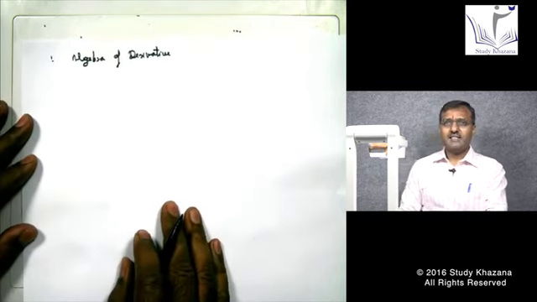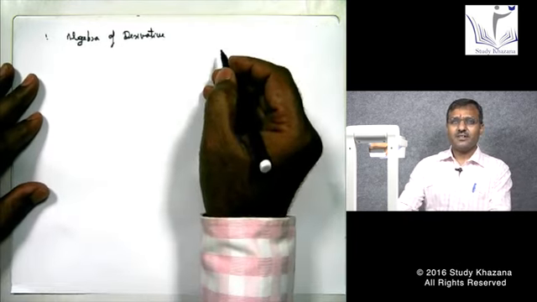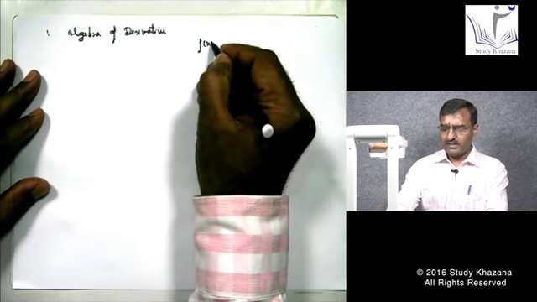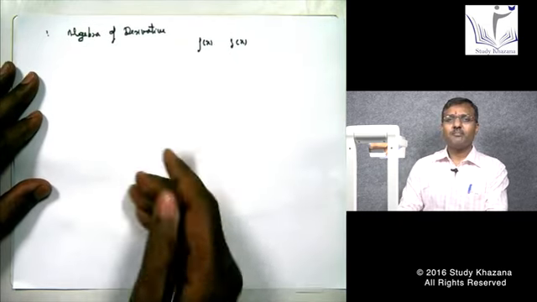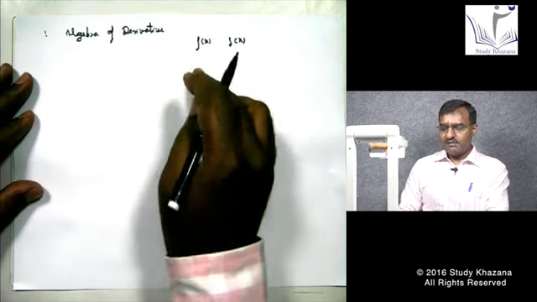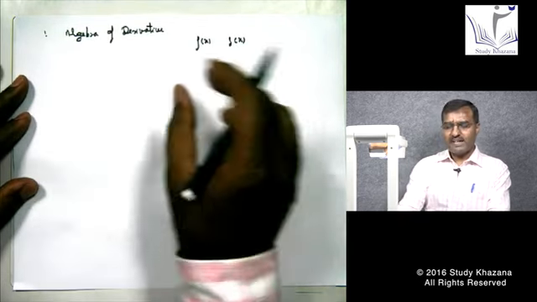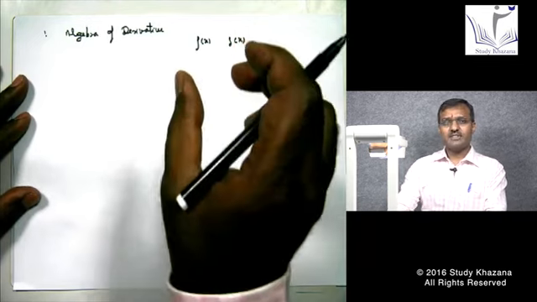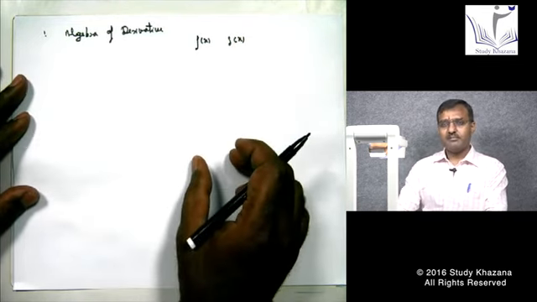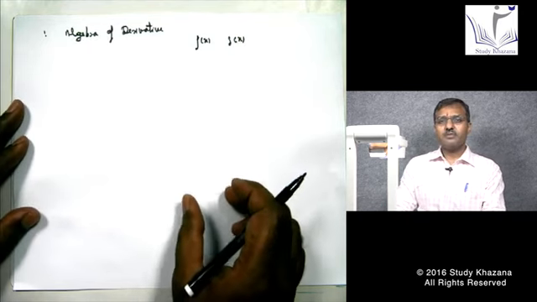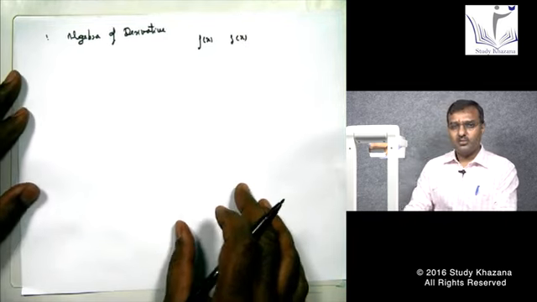Suppose I consider two functions, one f x and another function g x. How do I find the derivative when I am adding these two functions, taking the difference, taking the multiplication, and taking the quotient of these two functions?